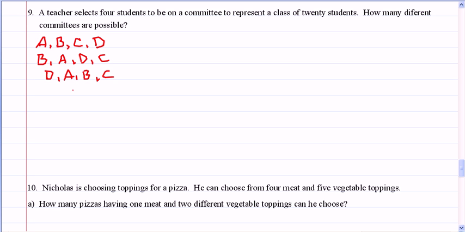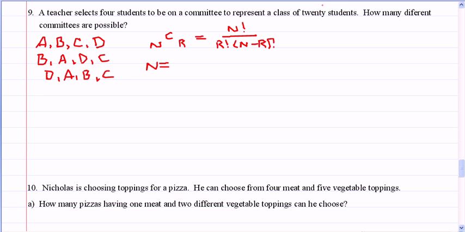So rather than writing them out, once I recognize that the order that I choose these people in doesn't matter, it makes it a combination. So I use nCr, n factorial over r factorial times the difference of n minus r factorial. And my n is how many people I have to choose from.